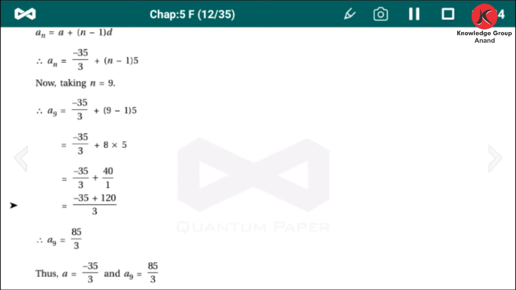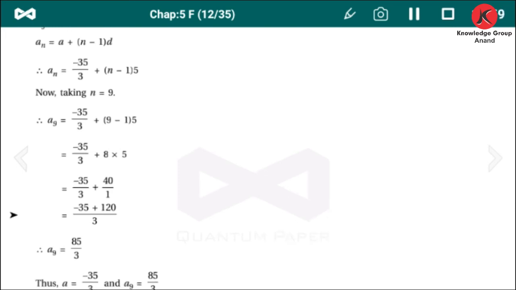Taking LCM, 3 ones are 3, minus 35 plus 120 is equal to 85 upon 3. Then the answer is A is equal to minus 35 by 3 and A9 is equal to 85 by 3.